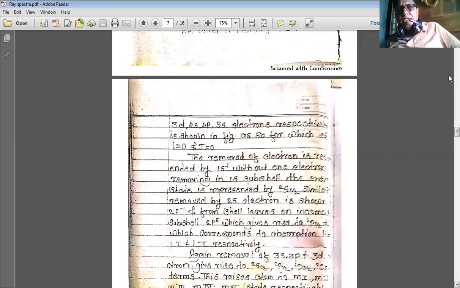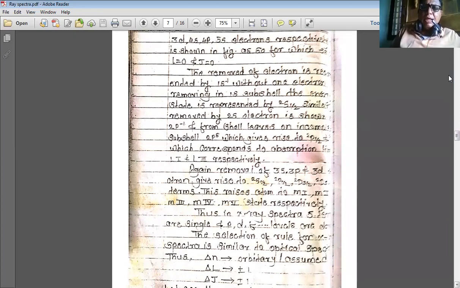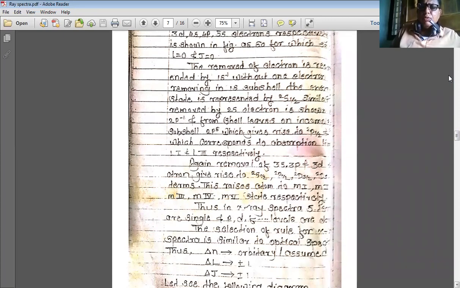Among these conditions, similar positions occur like this. Again, removal of 2s, 2p, and 3s, 3p, and 3d electrons gives rise to 2s half, 2p half, and 2d 3 upon 2 like this.